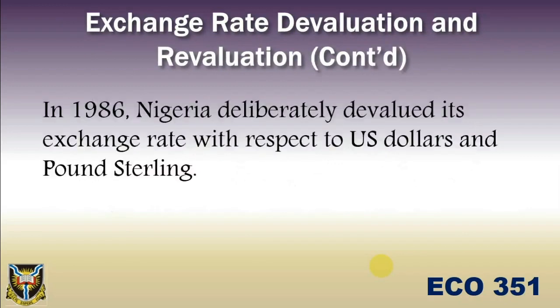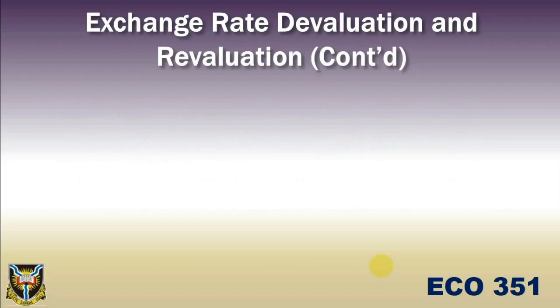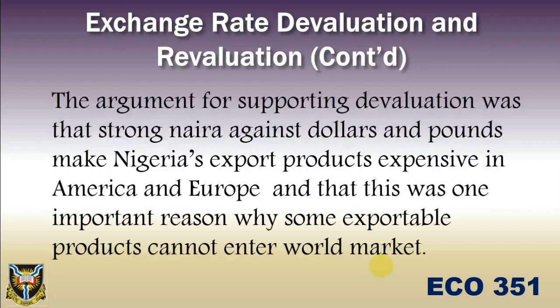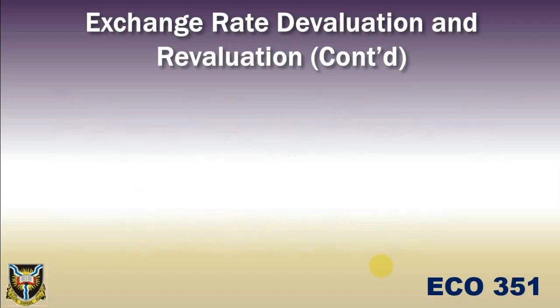In 1986, Nigeria deliberately devalued its exchange rate with respect to the US dollar and British pound sterling. The argument for supporting devaluation was that a strong naira against the dollar and British pound made Nigeria's export products expensive in America and Europe, and that this was one important reason why some exportable products could not enter the world market.